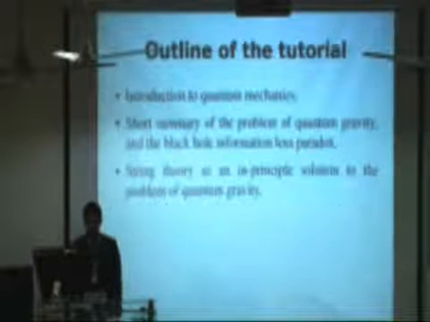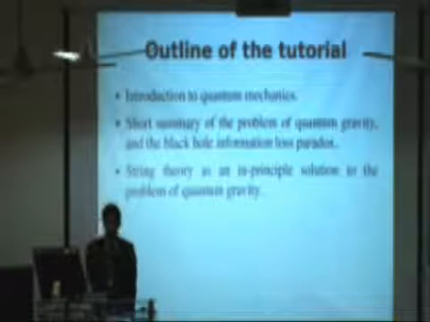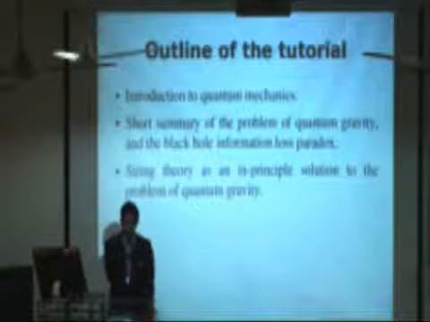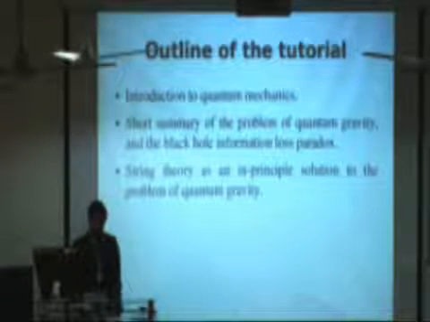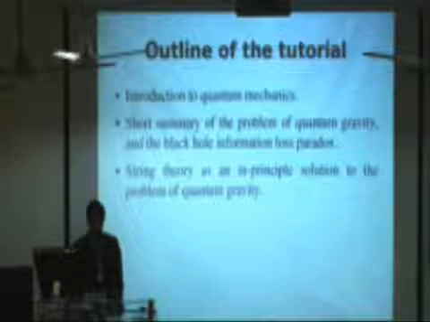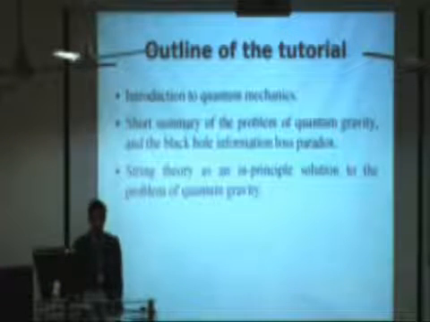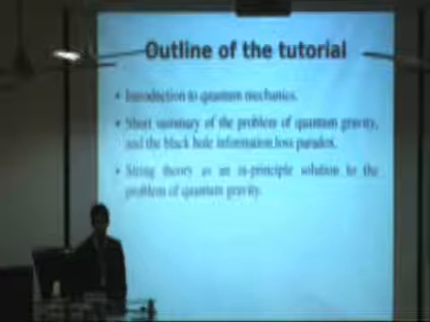I'll give a short summary of the problem of quantum gravity, in particular focusing on the black hole information loss paradox, and finally I'll tell you why string theory is probably an in-principle solution to the problem of quantum gravity.